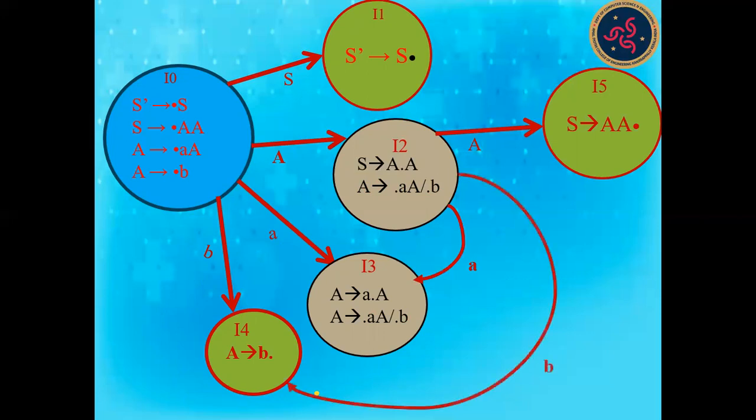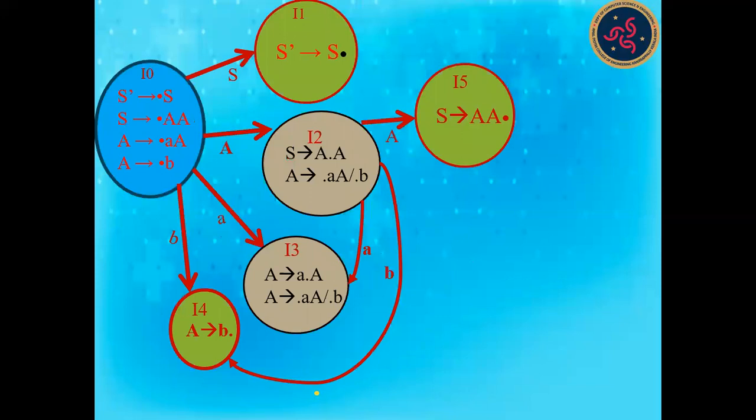So I2 can move to I4 when a terminal symbol B is read. I hope it is clear. So next, here I have read all the symbols: capital A is read, small letter a is read, small letter b is read. That state is completed.